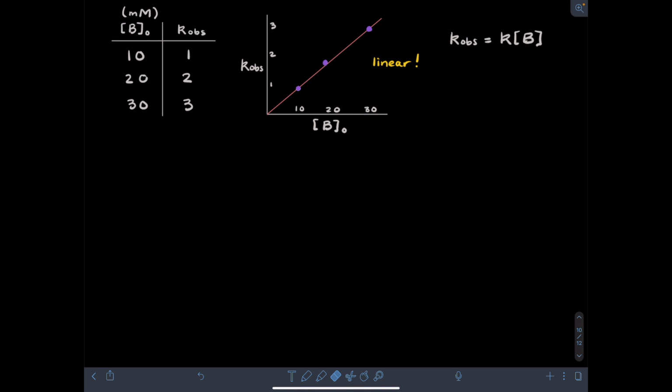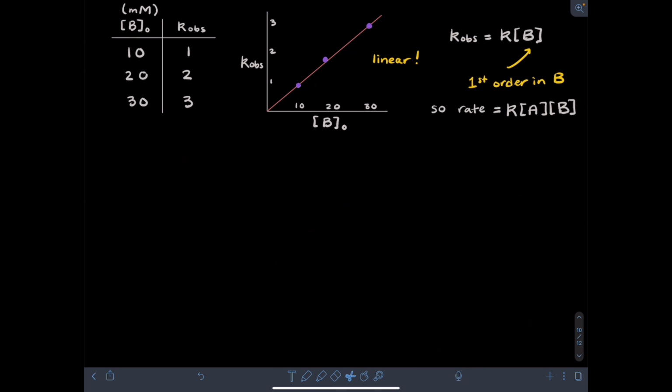Remember that we defined k-obs as equal to the rate constant k times the concentration of B. And by this plot that we just did, where we looked at the observed rate constant versus the concentration of B and saw that that was linear, that means that the reaction is first order in B. So we previously verified that the reaction was first order in A, and then by varying the concentration of B and fitting the data, we found that the reaction was first order in B also.